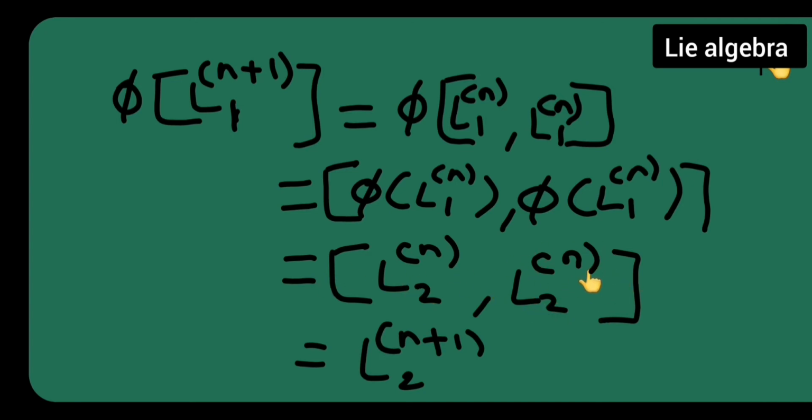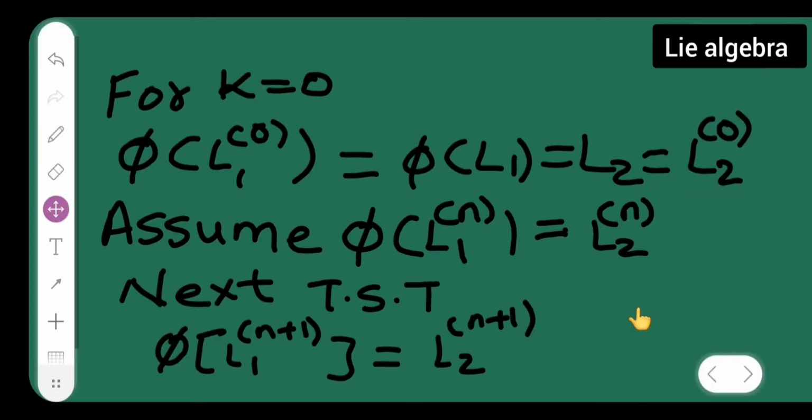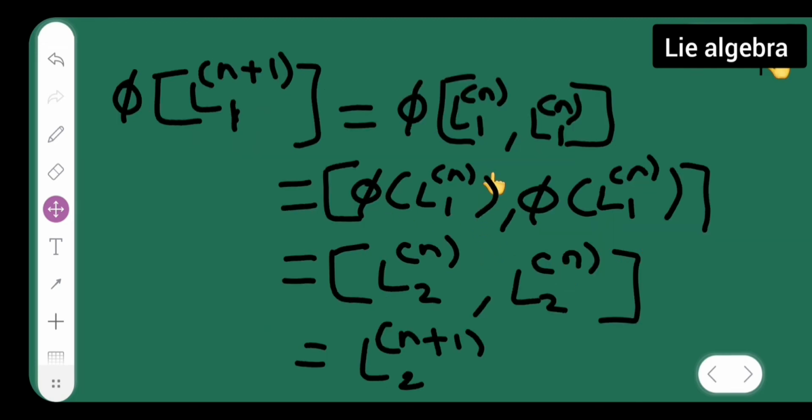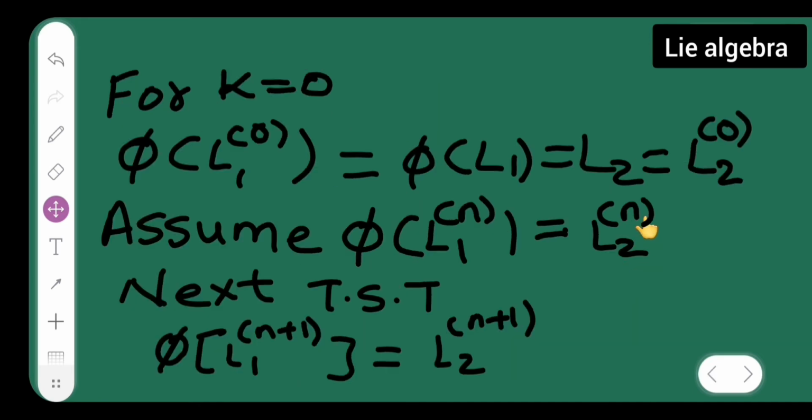Now how did I get this? You have understood this step, right? How I got this step also you have understood. Wait, let me tell you. Can you see this? I told you to assume that phi of L1 to the power n is equal to L2 to the power n. So phi of L1 to the power n is nothing but L2 to the power n.